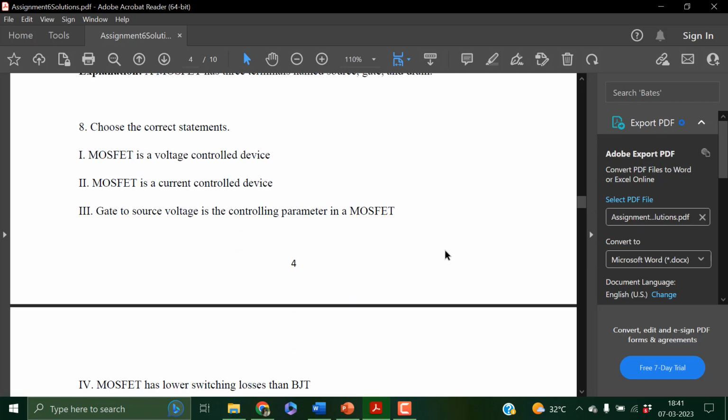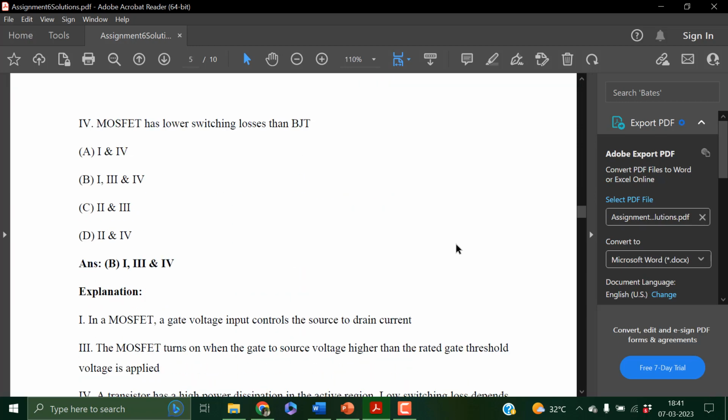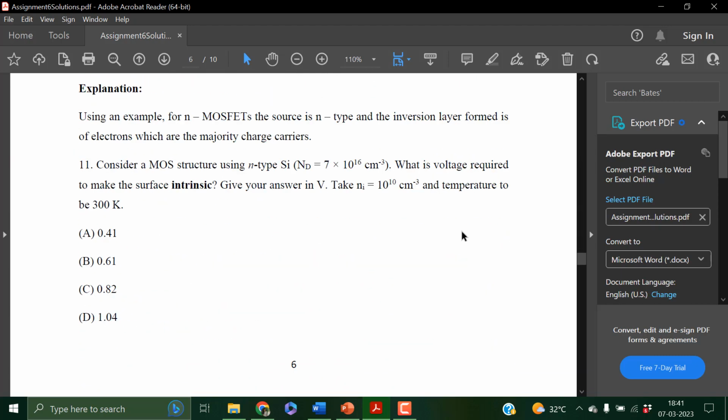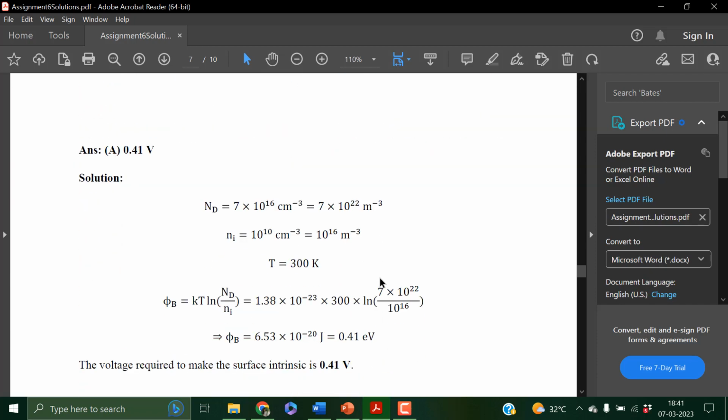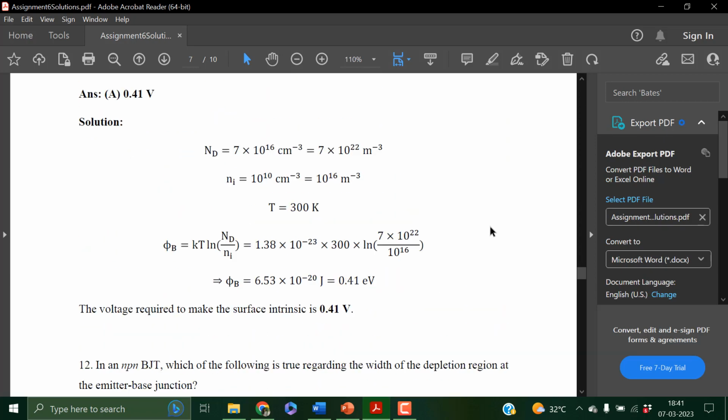Yeah. So your next doubt was? My next doubt was similarly on the 11th problem. Consider MOS structure using n-type silicon. Nd is given. What is the voltage required to make the surface intrinsic? Give your answer in volt, take Ni and temperature to be 300 Kelvin. So basically, finally, what we have to find out?